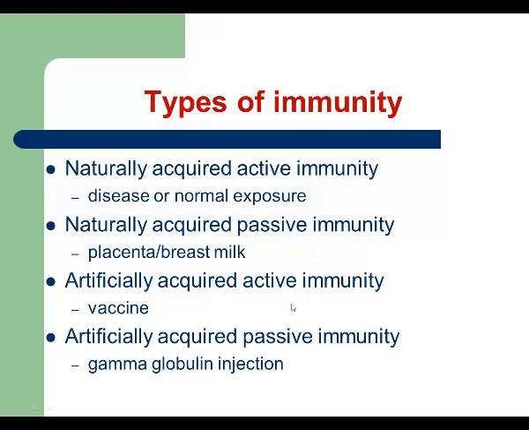Artificially acquired active immunity, an example is we can use vaccination. And finally, artificially acquired passive immunity. Example of this type of immunity will be gamma globulins or immunoglobulins. For example, hepatitis B vaccine that we introduce to the patient's system.